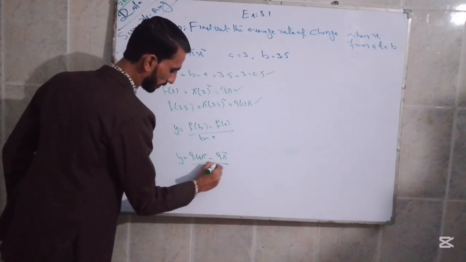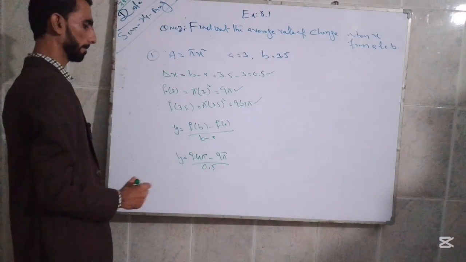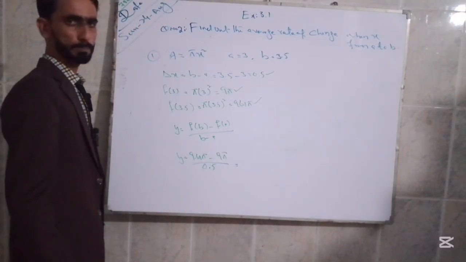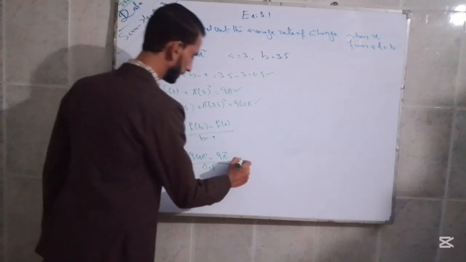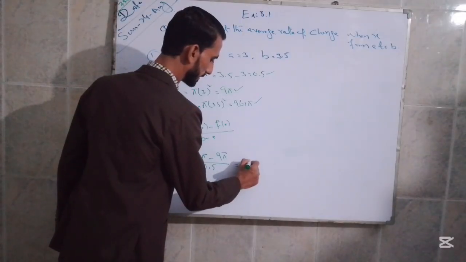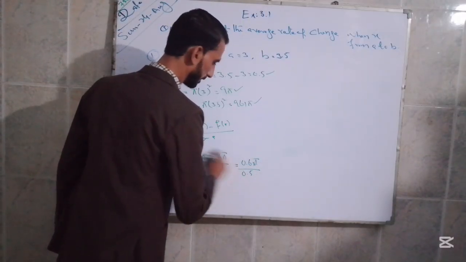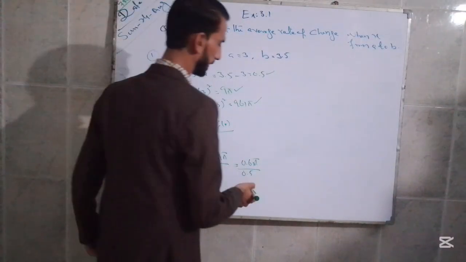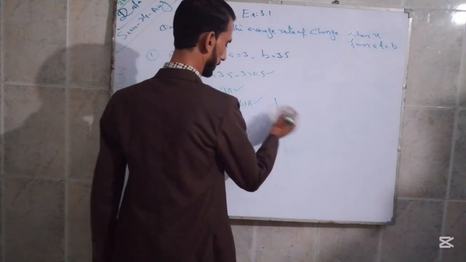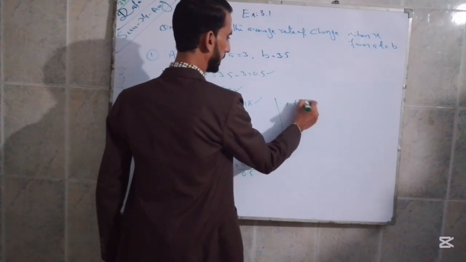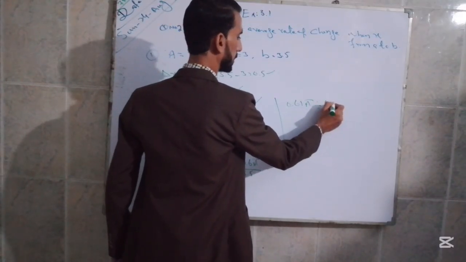Now 9.61 minus 9 is what? 0.61 pi upon 0.5. Now how do we divide this? Look here, 0.61 pi divided by 0.5.